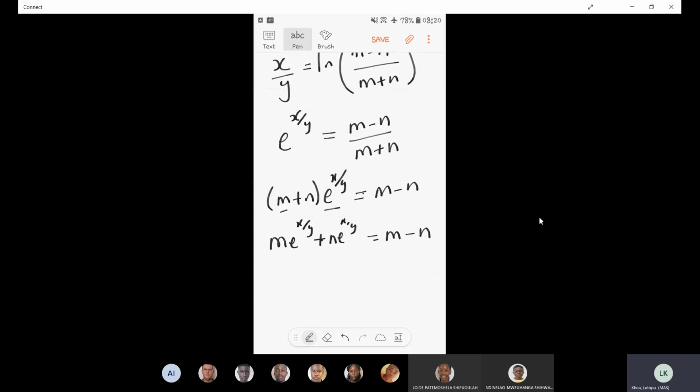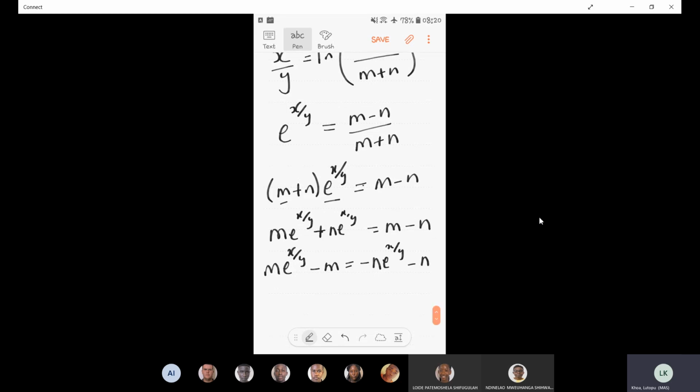Then again, all the terms with m on one side, everything without m on the other side. So I have m e to the power of x over y minus m. This is equal to minus n e to the power of x over y minus n. That's what I have.